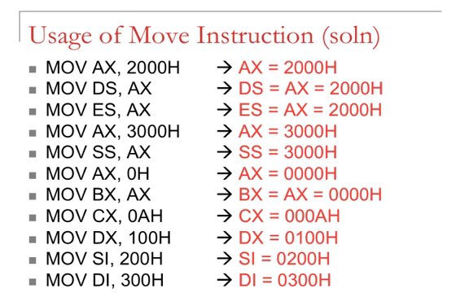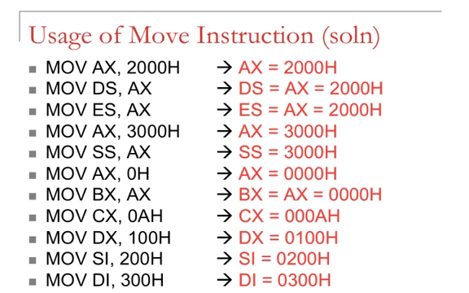We put the value 2000 into ES. The fourth instruction, now we have a new value in AX. After this fourth instruction is completed, AX has value 3000. And we use that value to initialize the stack segment. That's what we do in the fifth instruction, MOV SS, comma AX. As a result, SS has the same value, 3000.